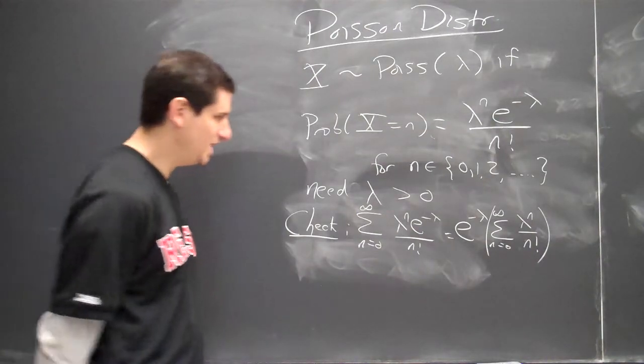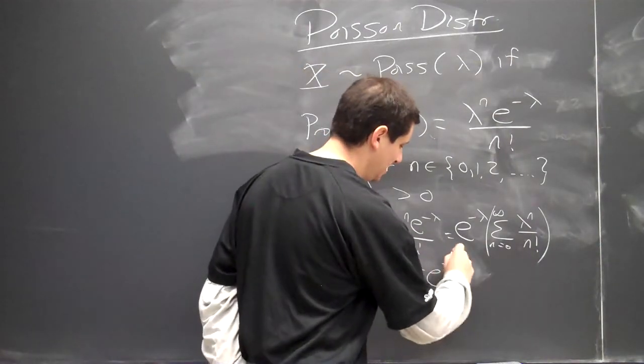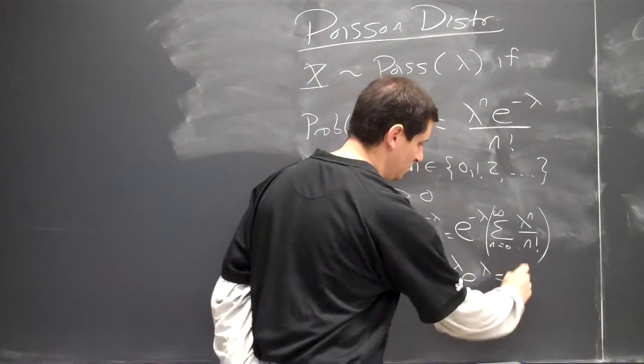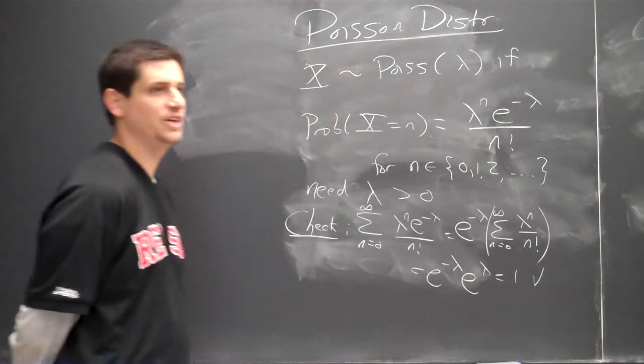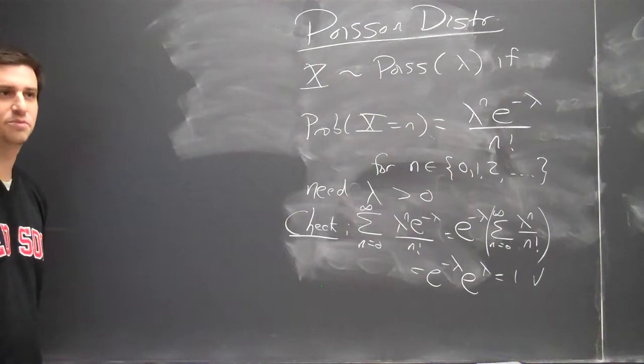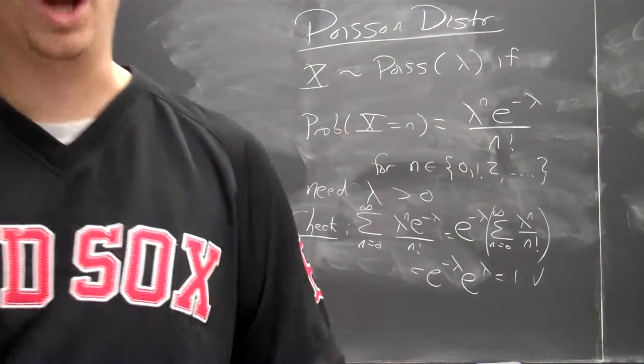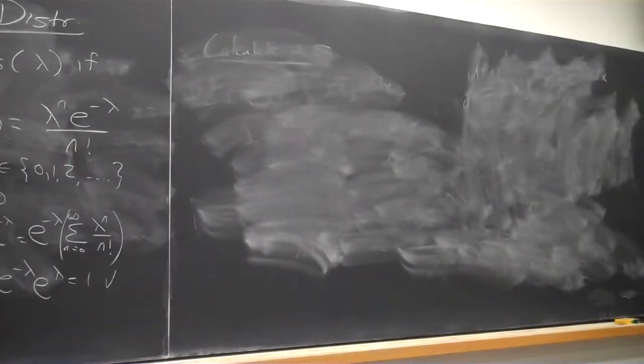E to the lambda. So I get e to the minus lambda times e to the lambda, which is 1. So good. It does sum to 1. It is a probability distribution. Alright. I will hold off on the why we care about the Poisson random variable. For now, it's just intuitively obvious that we care about this.